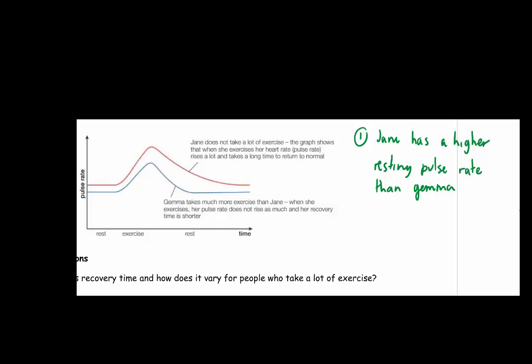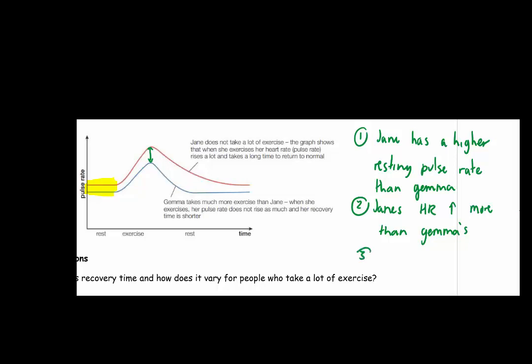And that's because here, Jane's is higher than Gemma's. The second trend is Jane's heart rate increases more than Gemma's. Now, if you look at this, there's a bigger difference between Jane's highest heart rate and Gemma's.